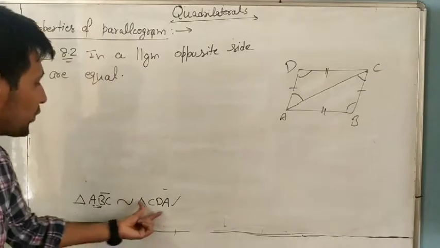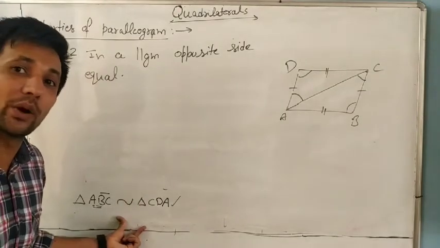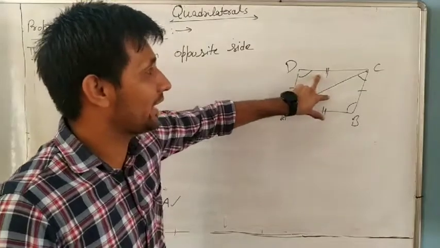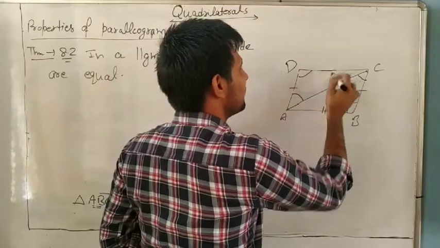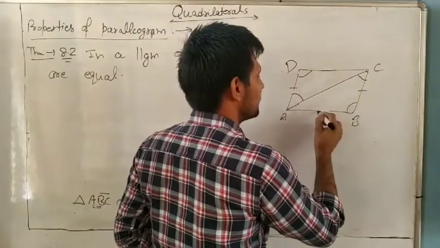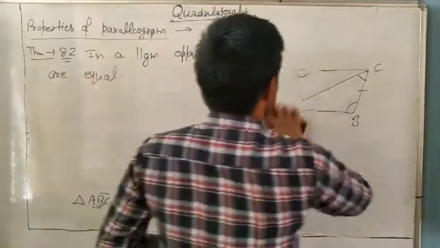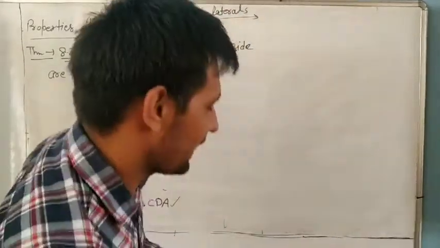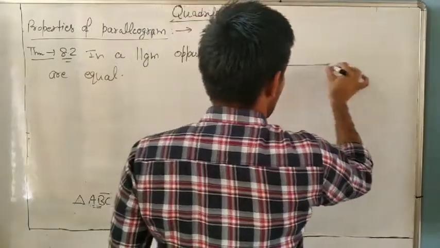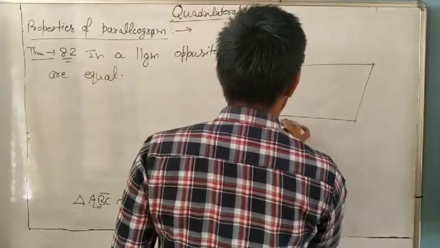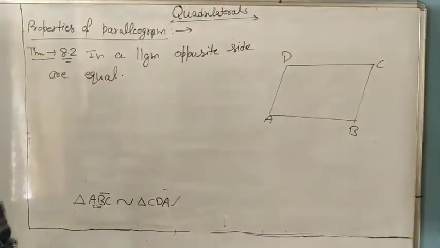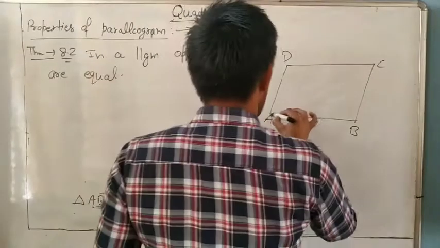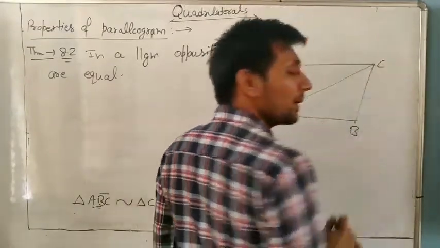Yes, we already proved that these two triangles are congruent, and if these two triangles are congruent in a parallelogram, it means corresponding parts are always equal. Otherwise, you can prove that a diagonal of a parallelogram divides it into two congruent triangles by another method also.